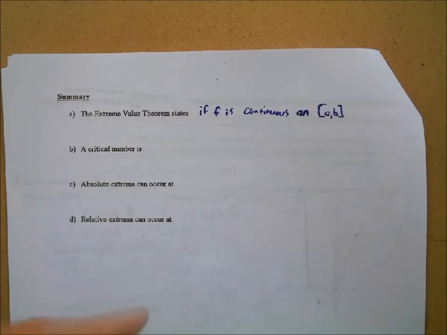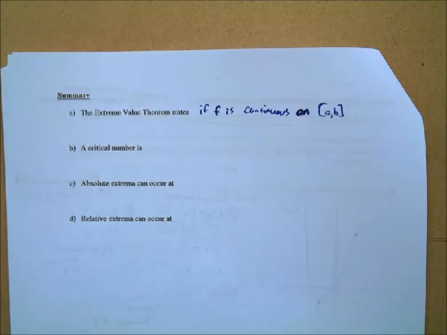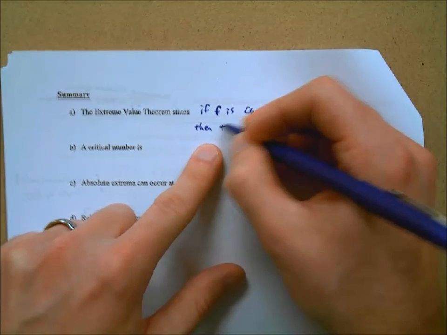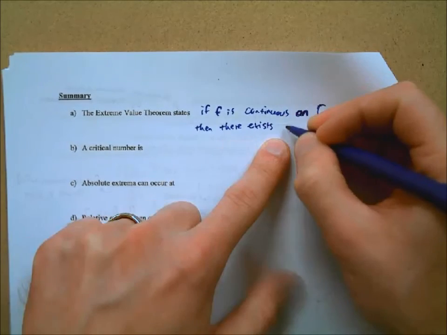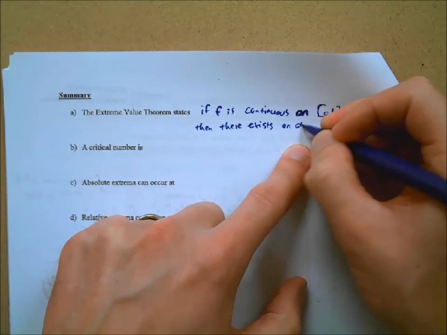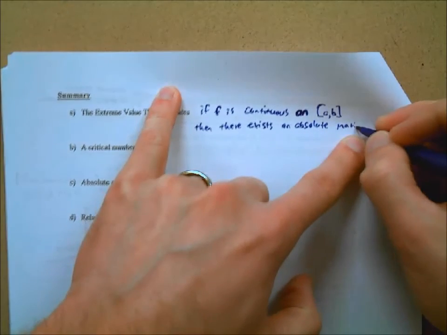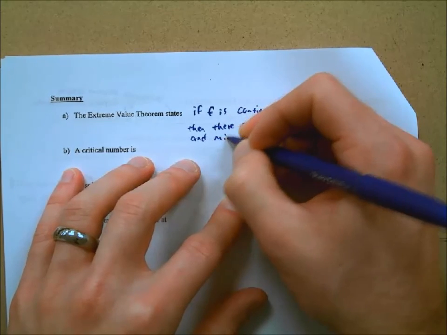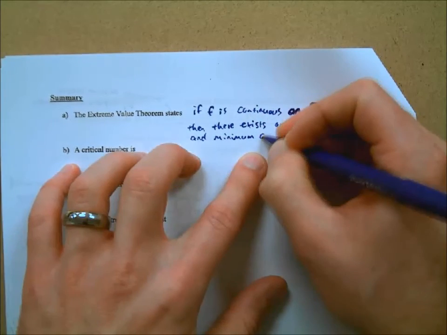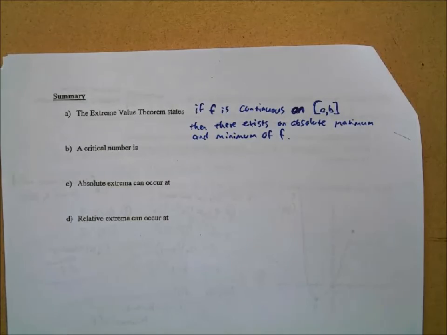If f is continuous on the closed interval [a, b], then there exists an absolute maximum and minimum of f.